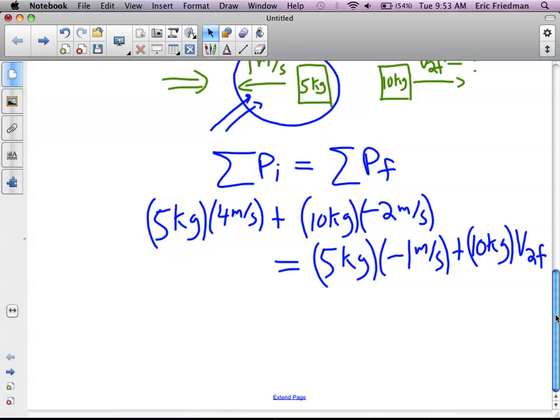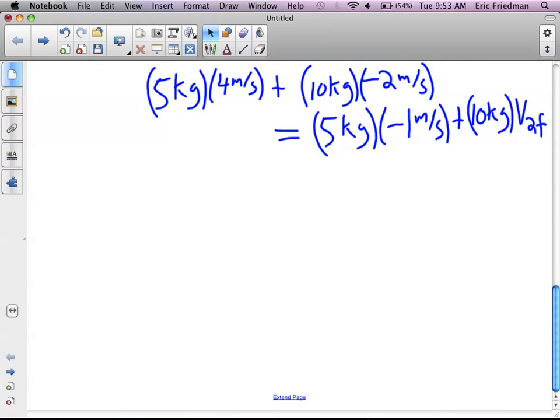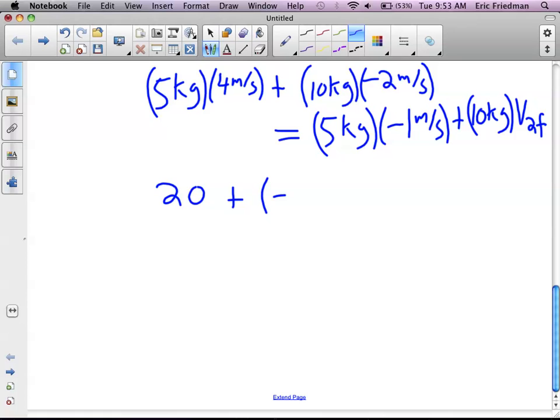So let's just go ahead and keep solving this. I'm going to once again drop my units just to make things easier. So I get 20 plus negative 20. Oh, well, that's interesting. That's going to be 0, equals negative 5 plus 10 V2 final.